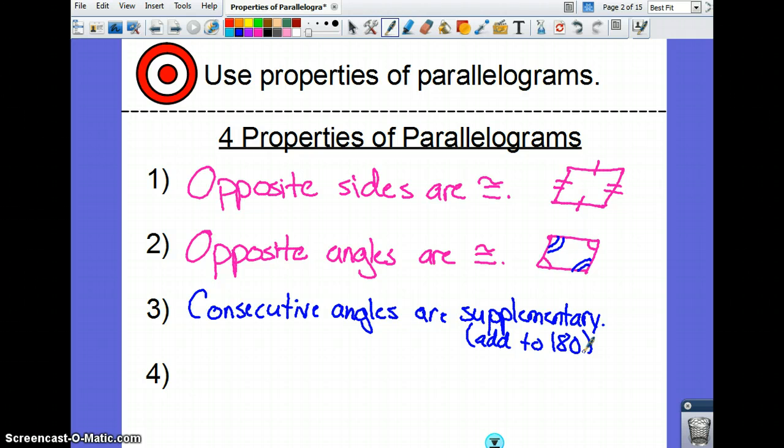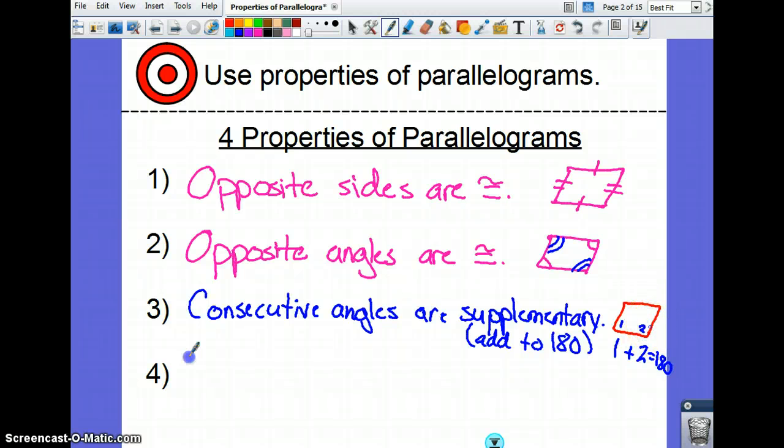So that means that in the parallelogram like this, if I want to talk about angle 1 and angle 2, I know that angle 1 plus angle 2 is going to equal 180 because they're consecutive. They're right next to each other. So these would also be consecutive angles, so they add up to 180. These would also be consecutive angles. They add up to 180. These would also be consecutive angles. They add up to 180.